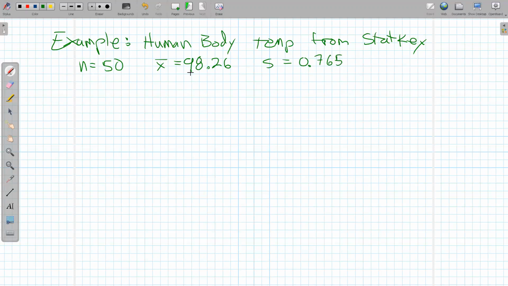Do I have enough information here to calculate the standard error? The answer is yeah. To calculate the standard error for a sampling distribution of means, I just take s and divide by the square root of n. So that would be 0.765 divided by the square root of 50. I'll plug that in the calculator.